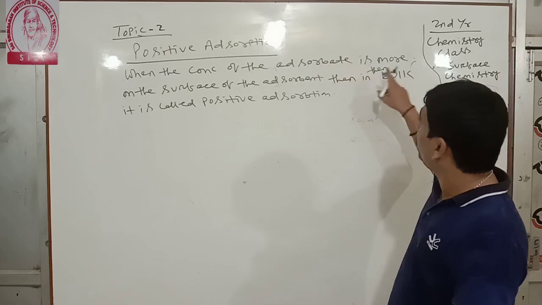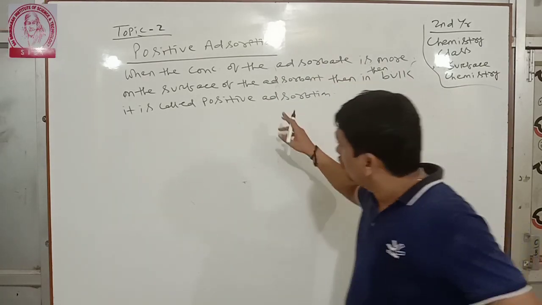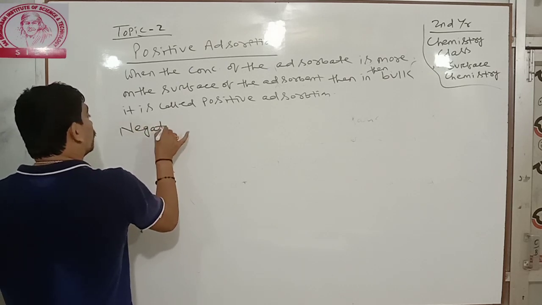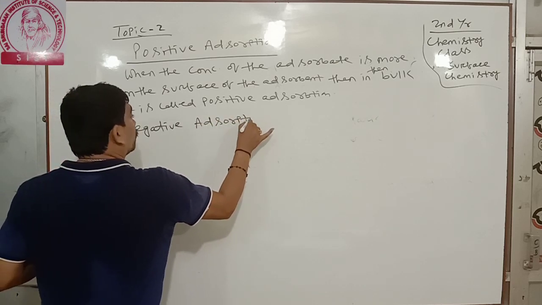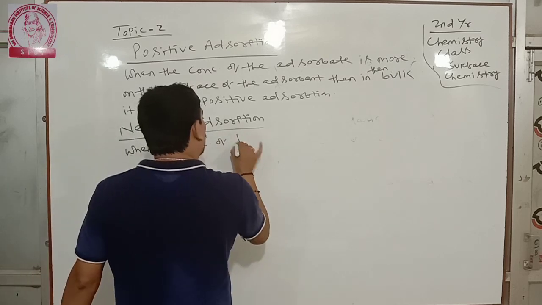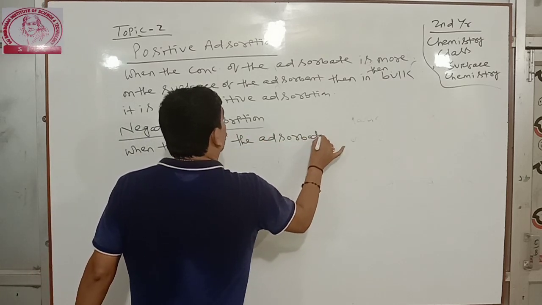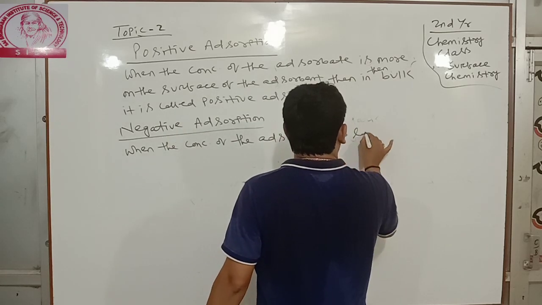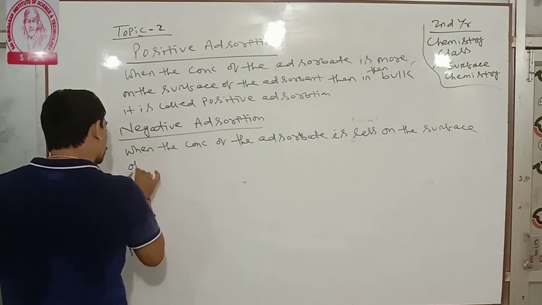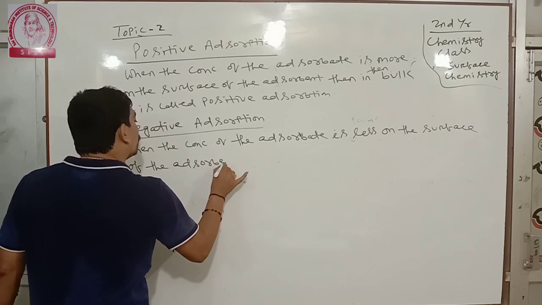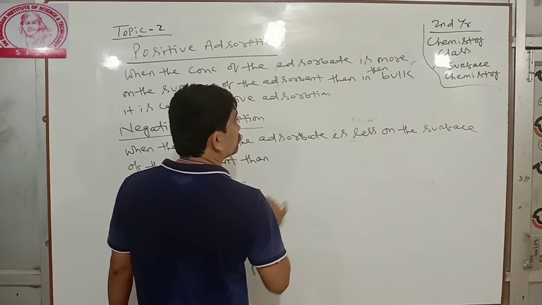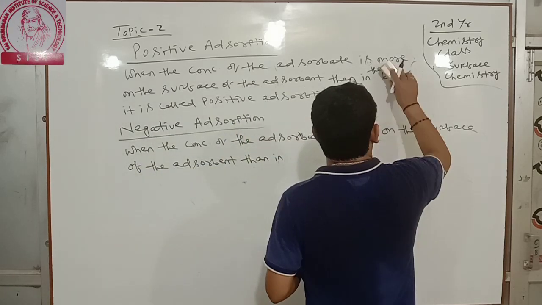Negative adsorption is when the concentration of the adsorbate is less on the surface of the adsorbent than in the bulk.